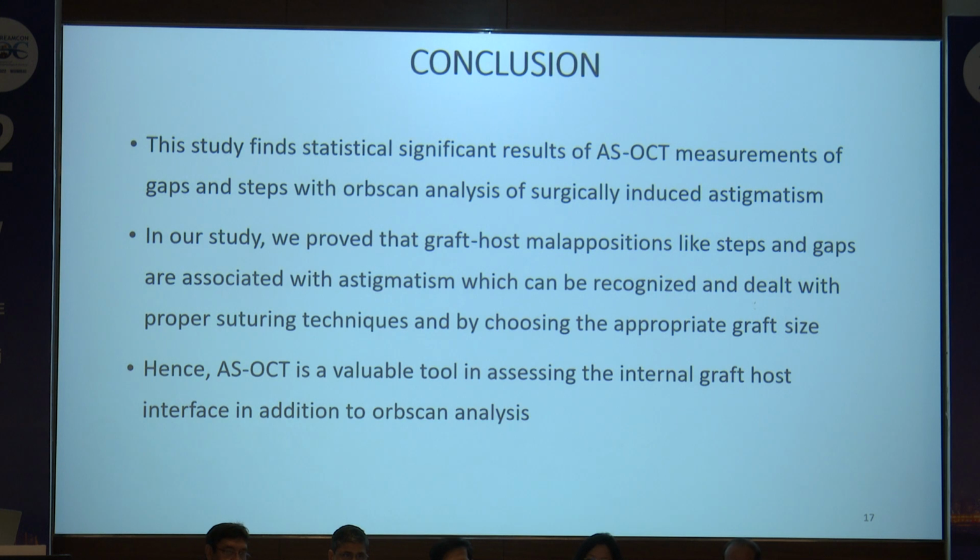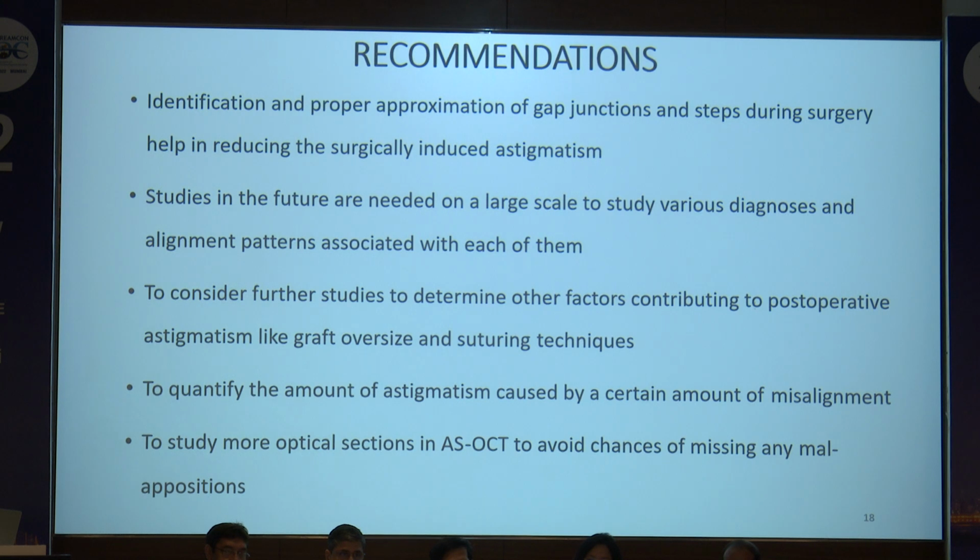Conclusion of my study: it showed statistically significant results, with ASOCT measurements of gaps and steps correlating with the Orbscan analysis. Hence, ASOCT is a valuable tool in assessing internal graft-host interface in addition to Orbscan analysis.